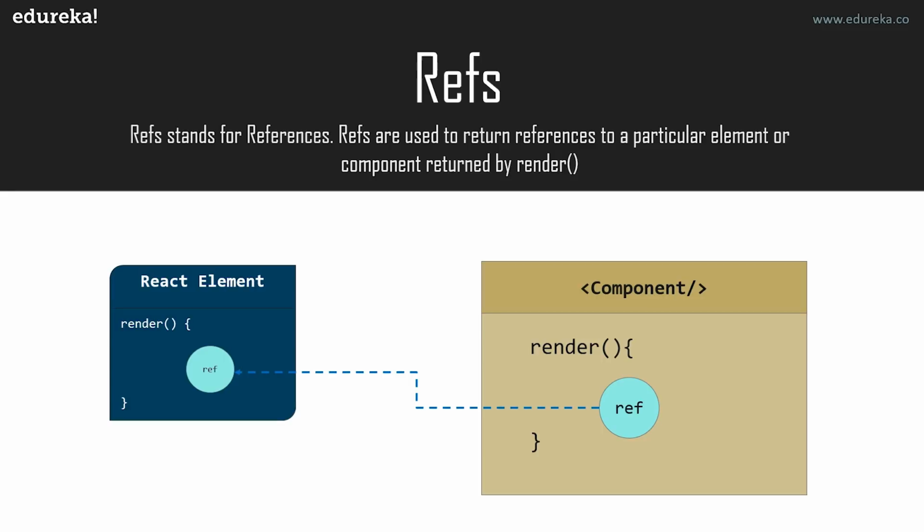The important thing is to avoid using refs for anything that can be done declaratively. Now, how do you create refs? Refs are created using the React.createRef method, and they are attached to a React element via the ref attribute. So ref is an attribute. Refs are commonly assigned to an instance property when a component is constructed, so they can be referenced throughout the component. This is very important about React refs.